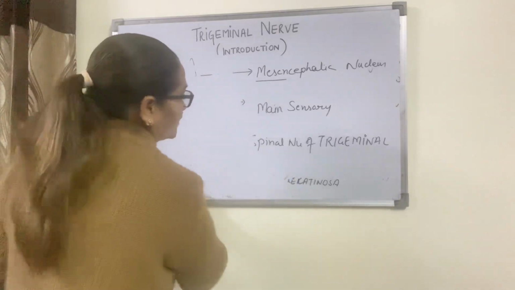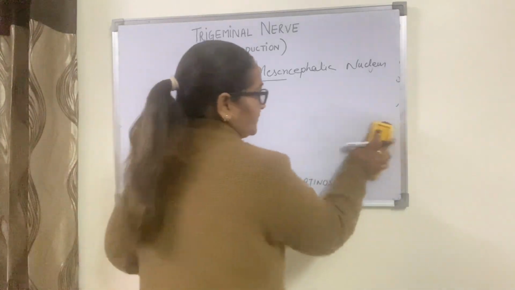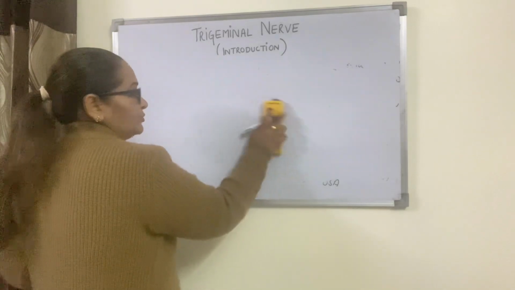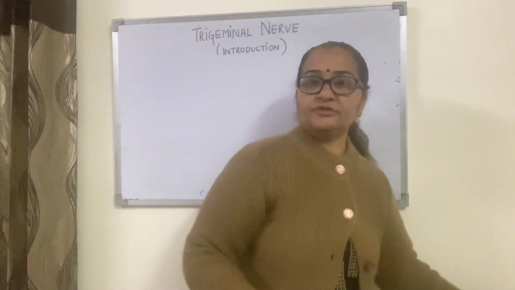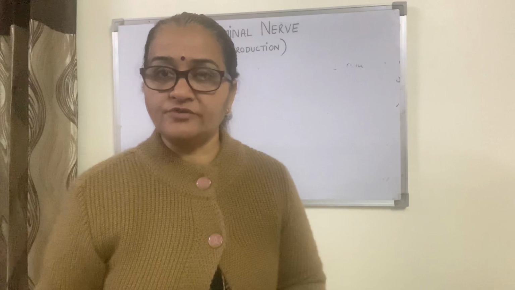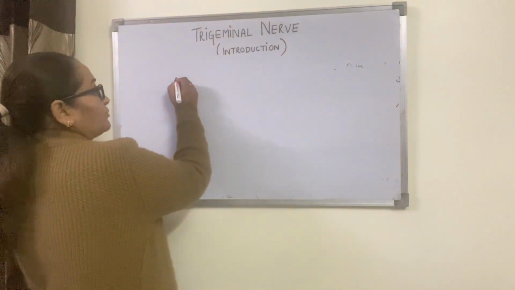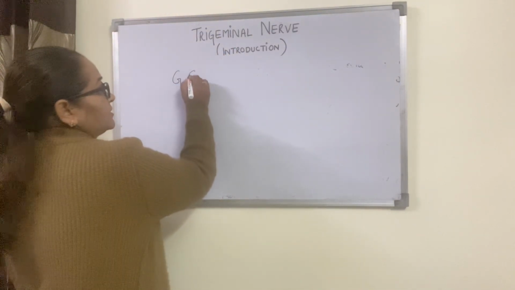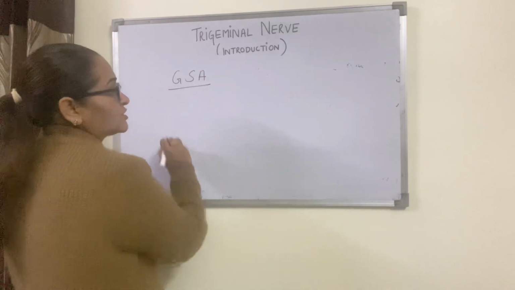Now coming to the functional component of this. As I have told you, the ophthalmic division and maxillary division are the purely sensory divisions. So the functional component for the ophthalmic and maxillary divisions is general somatic afferent.